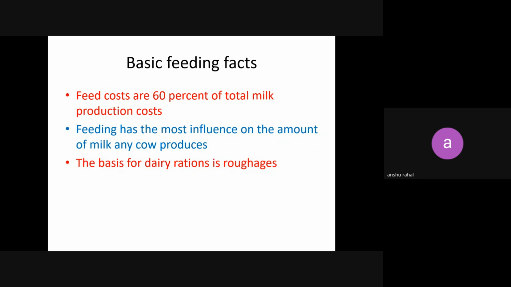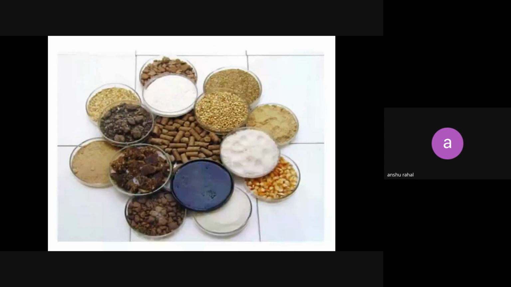And maximum it can be up to 50-50: 50% dry matter through the roughages and 50% through the concentrates, so that when the animal consumes the ration, the production of volatile fatty acids may be normal. But if you are giving about 60% dry matter through the concentrate and 40% through the roughages, in such cases, an acidosis condition may arise in the animal.